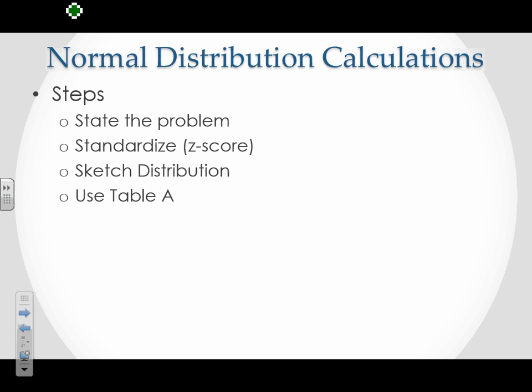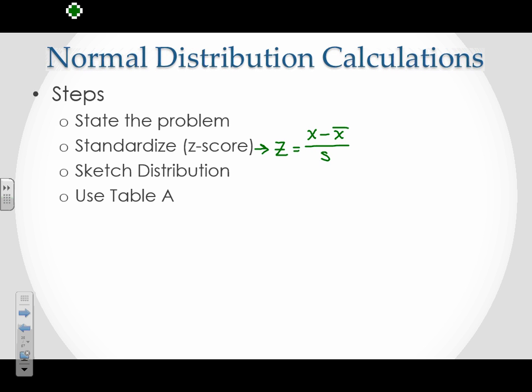And how do we calculate z-scores? X minus mean divided by standard deviation, right? So you need to take the mean and standard deviation reported to you, take your value and standardize it. Value minus mean divided by standard deviation.